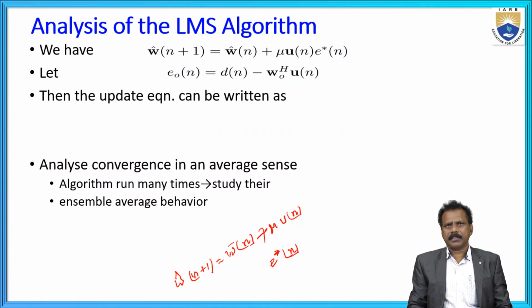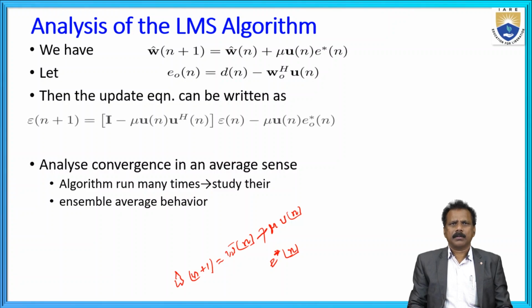Then the update equation can be written as sigma n plus 1 is equal to I minus mu into u of n, u power h of n.